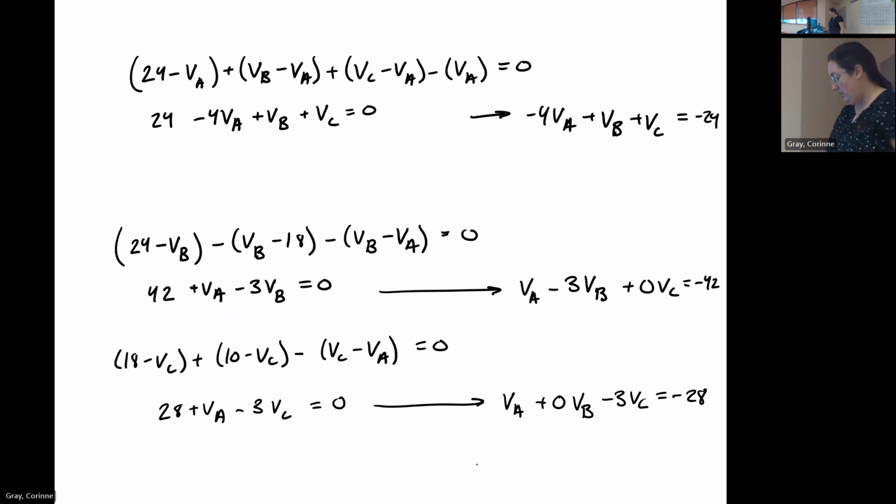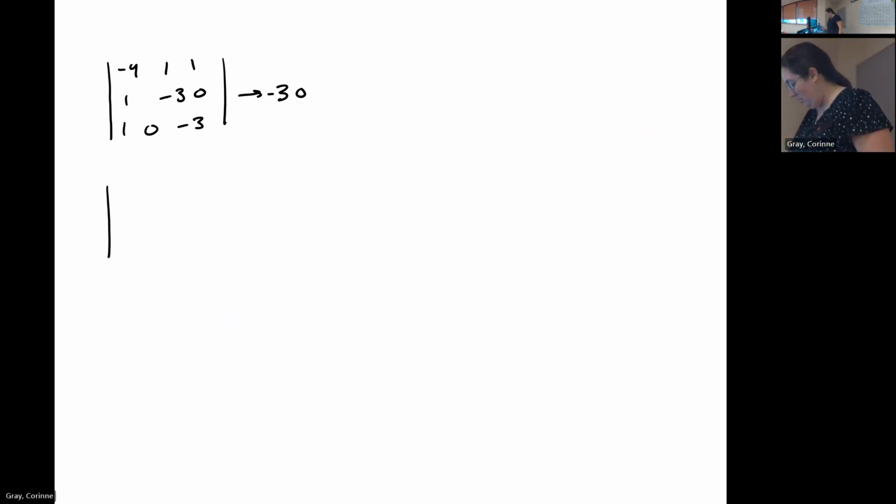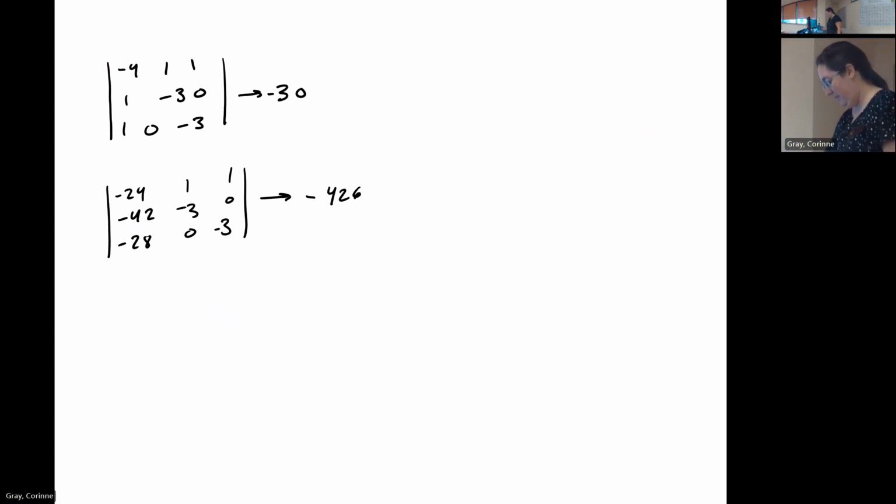And then for VA, if we wanted to do this, we're going to replace all of our constants. So the -24, -42, -28. We're going to replace all of those in the first column and keep everything else the same. What does that get us? -426. Also there is a -3 in the last one. Yep.